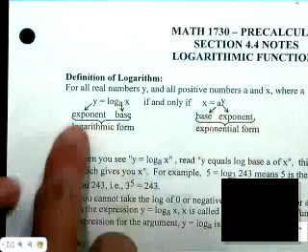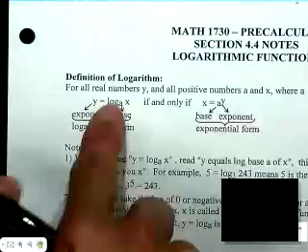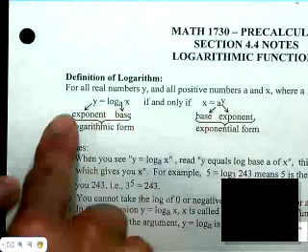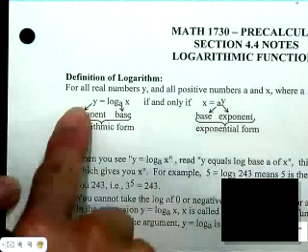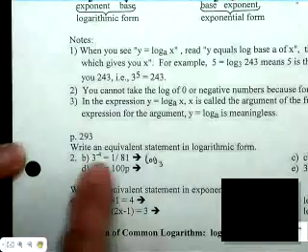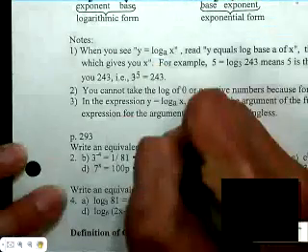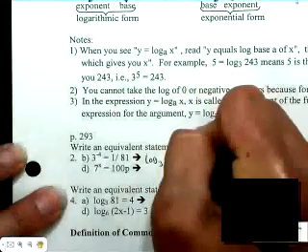In logarithmic form, y is always the number that log base a of x equals. The exponent's by itself. So when we convert this to logarithmic form, the exponent's by itself. Log base 3 of 1 over 81 equals negative 4.